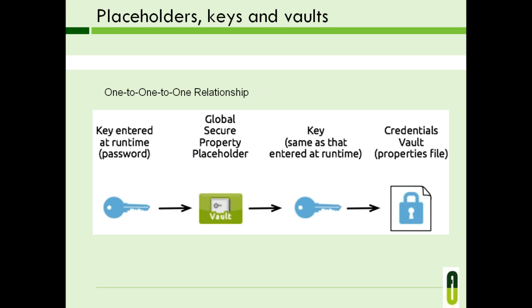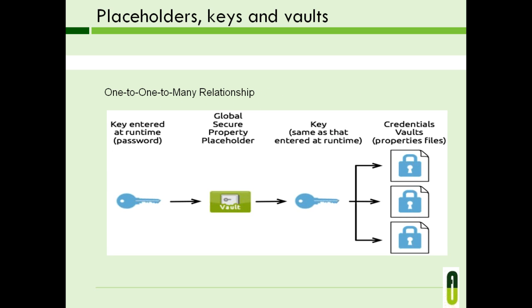Next one is one-to-one-to-many relationship. In one-to-one-to-many relationship, here one key decrypts the properties in many properties files. You can see here only one key is used, and as a credential vault there are many properties files. It decrypts many properties files.